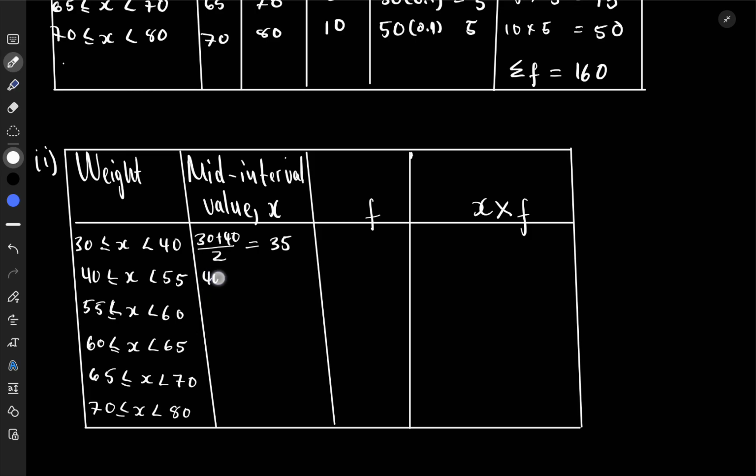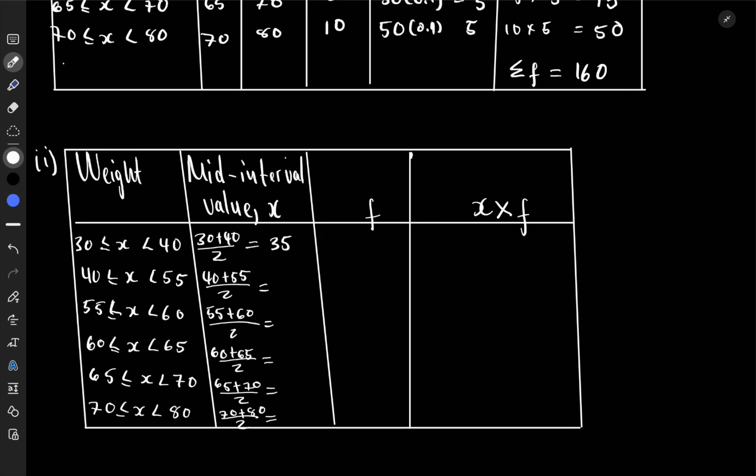In here, I would say 40 plus 55 over 2. Now say 55 plus 60 over 2. In here, I'll say 60 plus 65 over 2. In here, 65 plus 70 over 2. In there, 70 plus 80 over 2. And then I will have them.